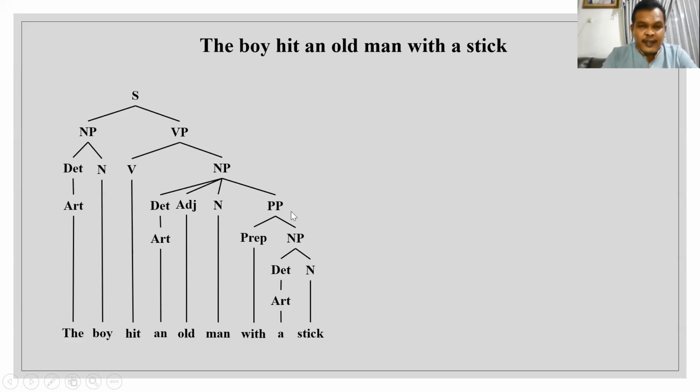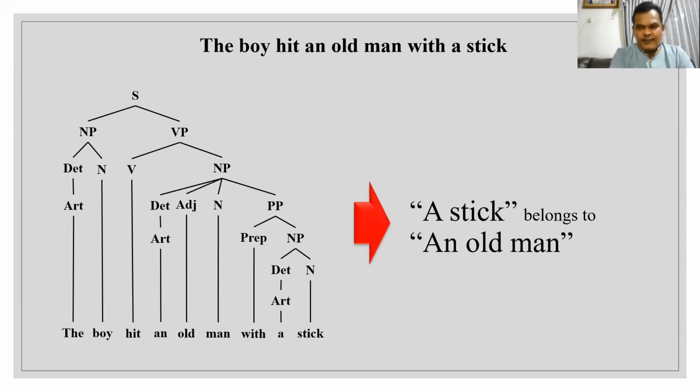It means that a stick here belongs to the noun phrase. A stick here is used to modify an old man. So we can say this diagram discloses that a stick belongs to an old man.